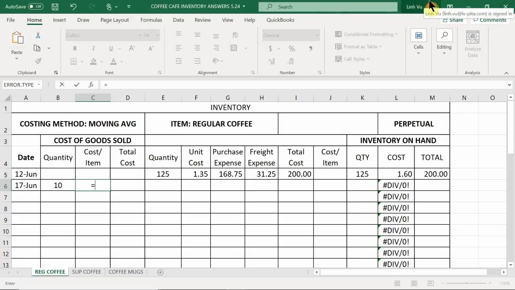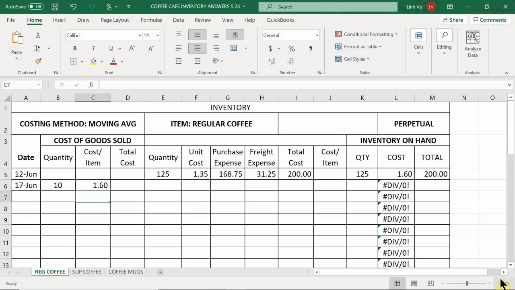I think you're on the wrong one. Is that the $1.36? Not 1.36, because that's what we purchased it for. Oh, $1.60 on the section. $1.60 is correct, because we want to make sure that the customers pay for the shipping and everything for them to get their coffee. So it's going to be $1.60.